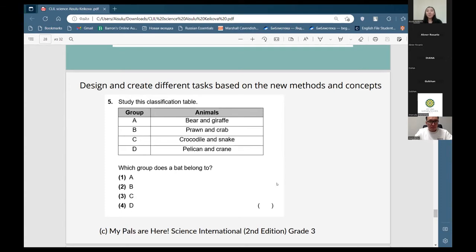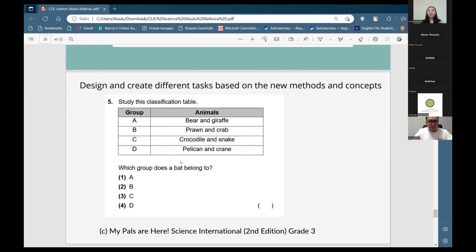Not only me, because we have more teachers that are teaching the third graders. What we decided was to first ask questions like bear and giraffe. What group do they belong to, like mammals or birds or reptiles and so on. So we asked what each pair of animals belongs to, like we divided it into small parts first.